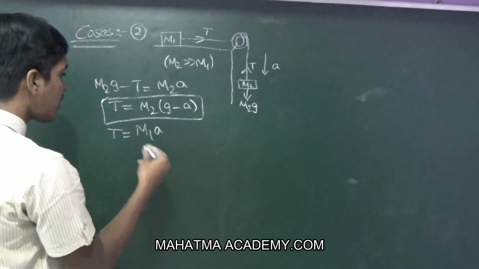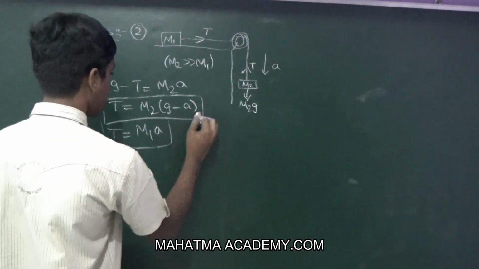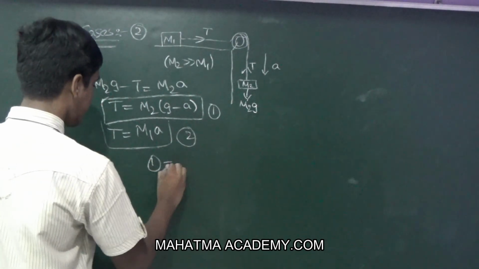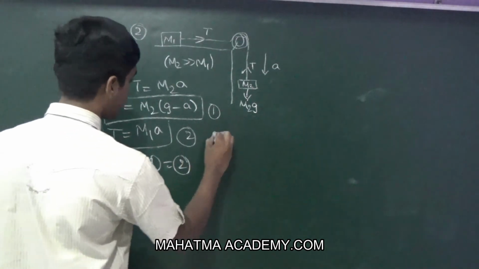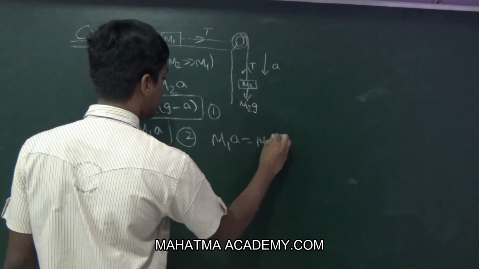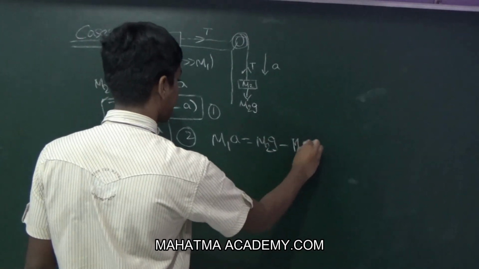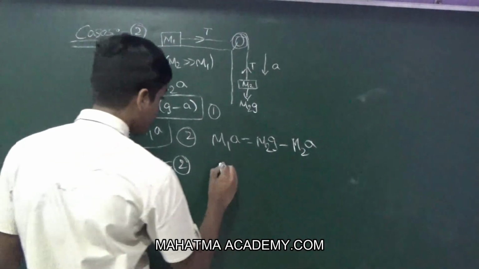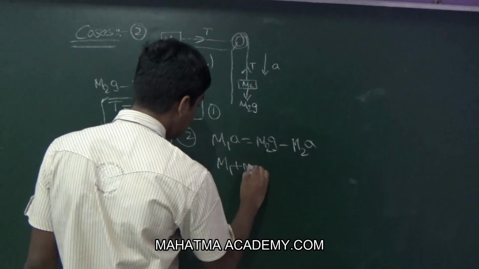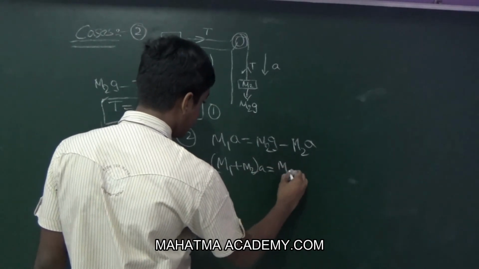Now if you equate, m1a is equal to m2g minus m2a. So m1 plus m2 into a is equal to m2g.